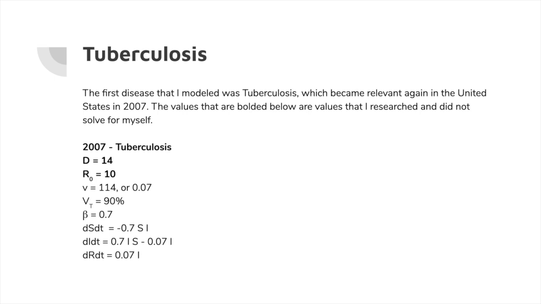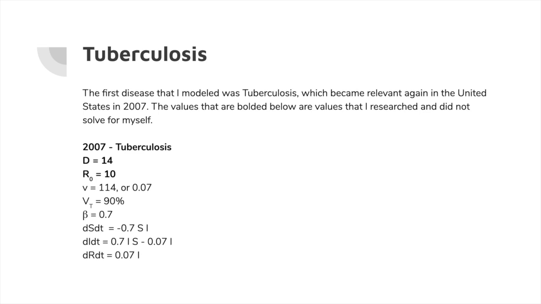And I used those 3 equations to solve for V, which I got. The divide sign didn't show up here, that's a typo, but it should be 1 divided by 14, or 0.07. And then when I solved for V of t, it was 90%, and beta is 0.7.